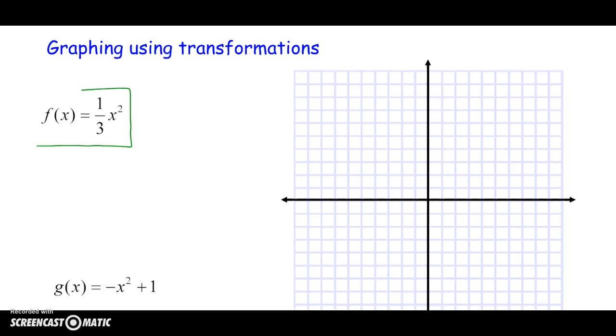This is a standard parabola, and this parabola with a factor of 1/3 on the outside is going to make it rise less fast. It's going to actually kind of fatten out the parabola. Now you know 0, 0 is going to be your vertex here.